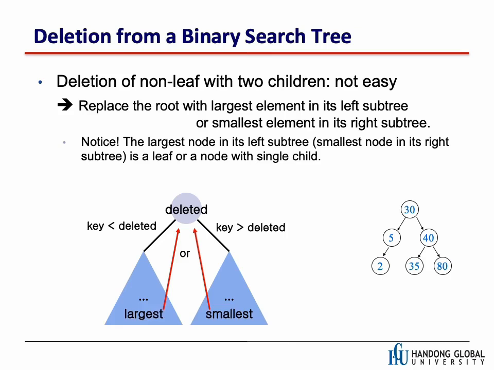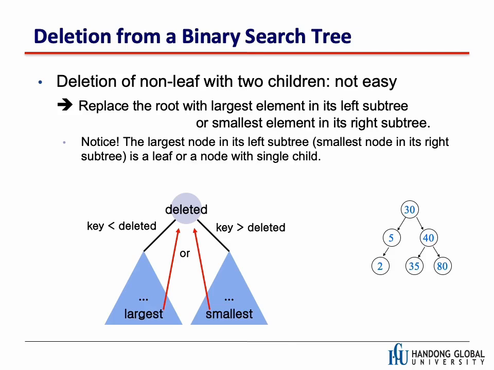So we just change the problem into another problem. In the other problem, we want to delete 5, because we just moved the 5 into its parent. Deleting 5 is a simple case because we did that in the previous slide.